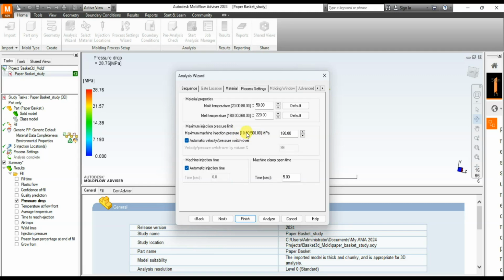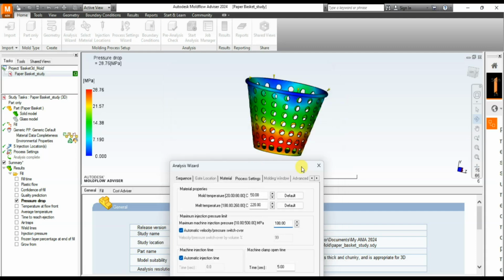So if the pressure drop is greater than this value here, 80% of the current value set here, this causes yellow confidence of fill. The yellow is this yellow indicator here where you have the pressure at 21.57 as for this waste paper basket.